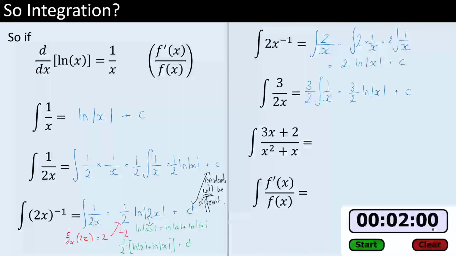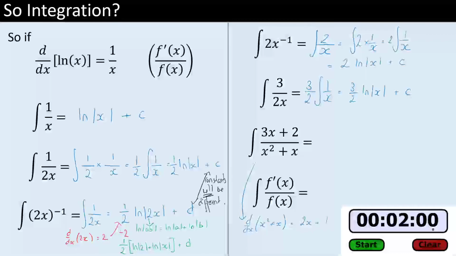Because if I were to differentiate x squared plus x, what I'd get is 2x plus 1. Now, I cannot times this by any one number in order to get the numerator of that fraction.